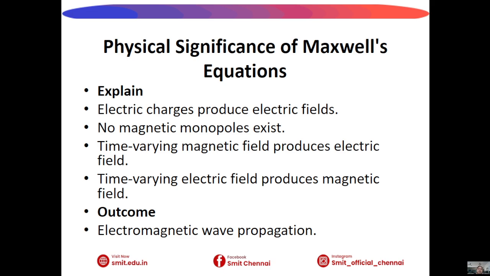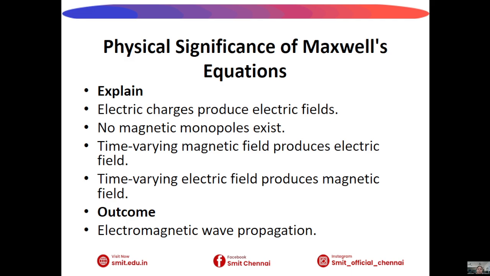Next, we see about the physical significance of Maxwell's equations. Let us understand the physical meaning of these equations. Gauss' law tells us that electric charges produce electric fields. Gauss' law for magnetism tells that isolated magnetic poles do not exist. Faraday's law explains how changing magnetic fields create electric fields.